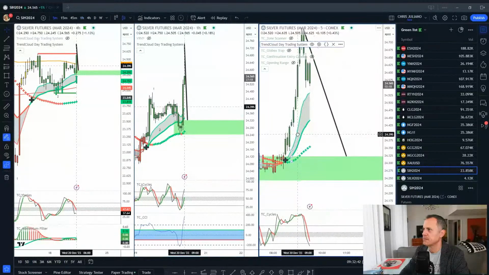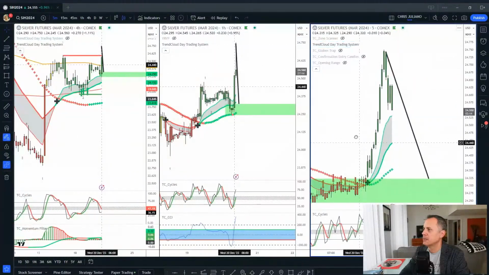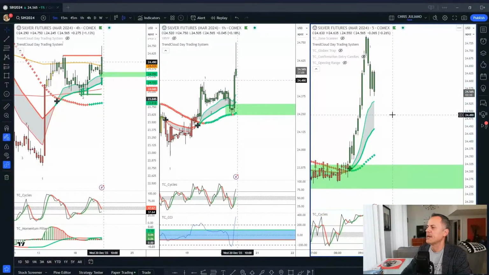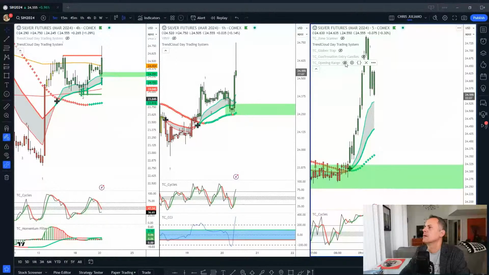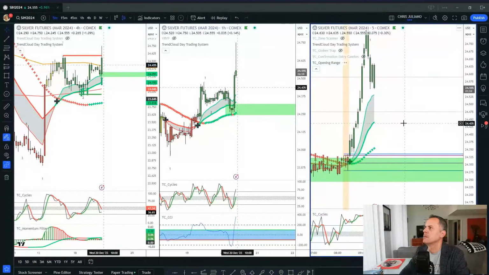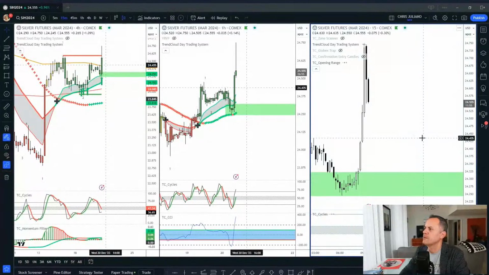Silver. You think silver's going to come back? It's pulling back, right? Silver is pulling back. Let's just keep that on. 15-minute zone.